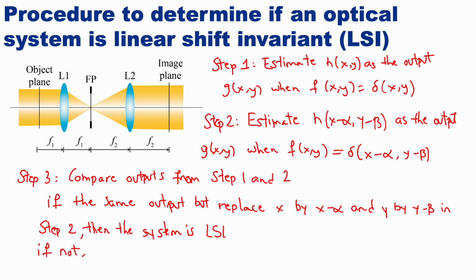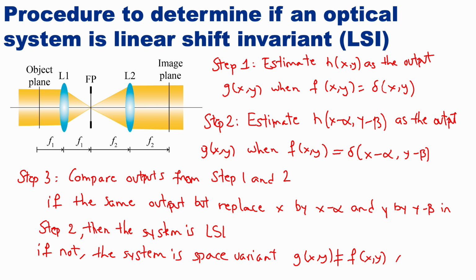If not, if we don't have the same response with a simple shifting, then that means the system is space variant, and then the output is not going to be your input convolved with your impulse response.